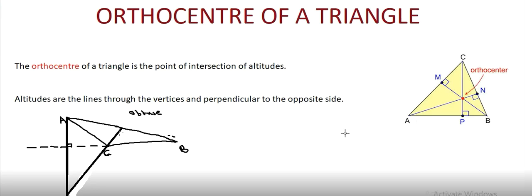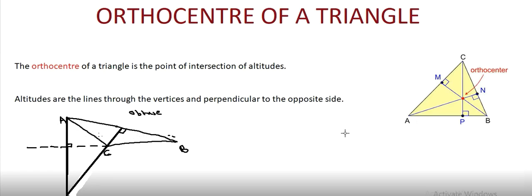This will be our angle 90 degree. So this is the altitude from C to the opposite side AB. Now consider the vertex B. We have to draw an altitude from B to CA.